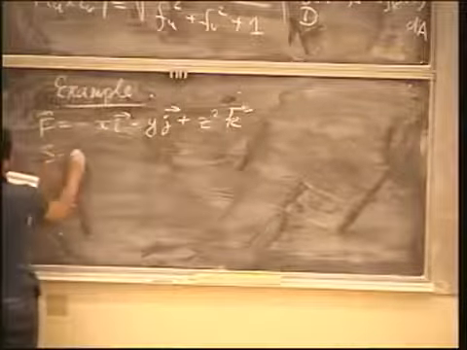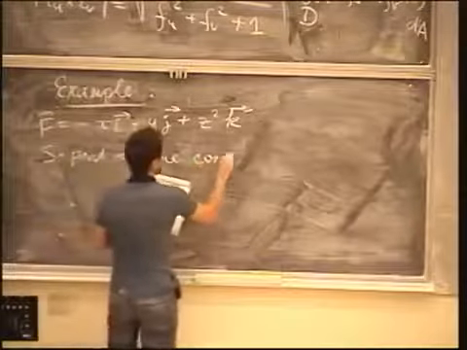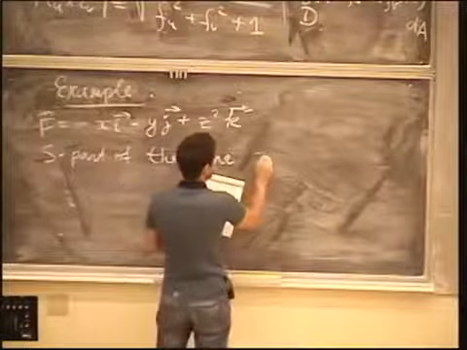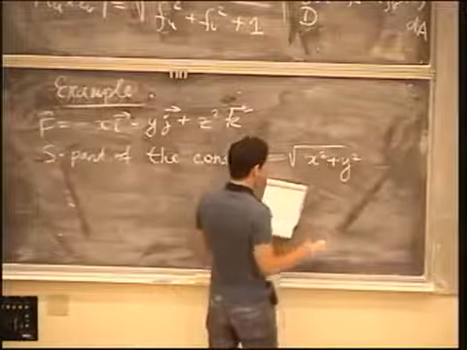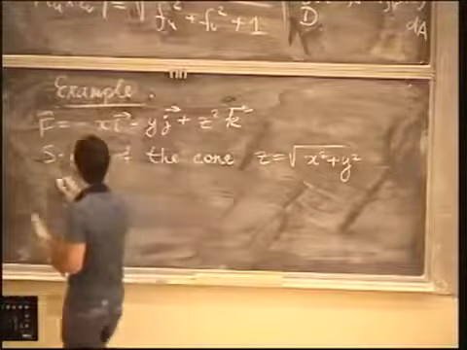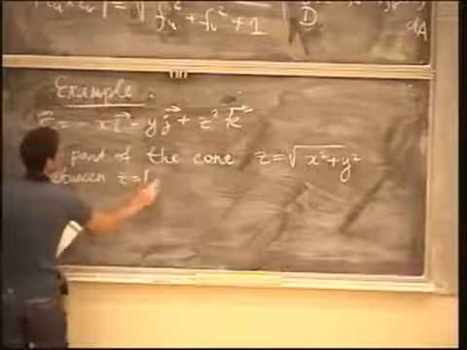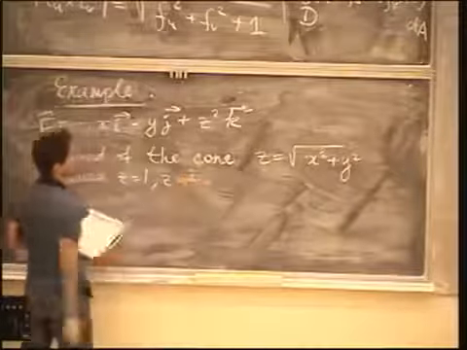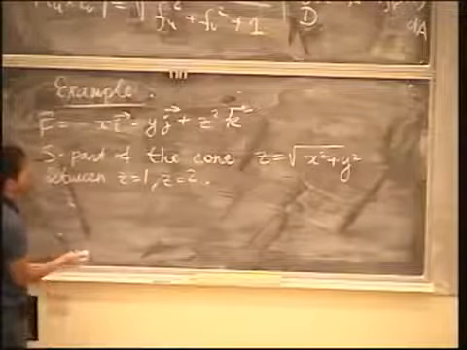And S is part of the cone z equals square root of x squared plus y squared, between the planes z equals 1 and z equals 2. Okay? So let's do this calculation.